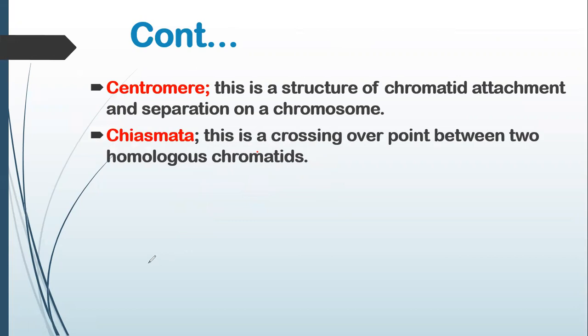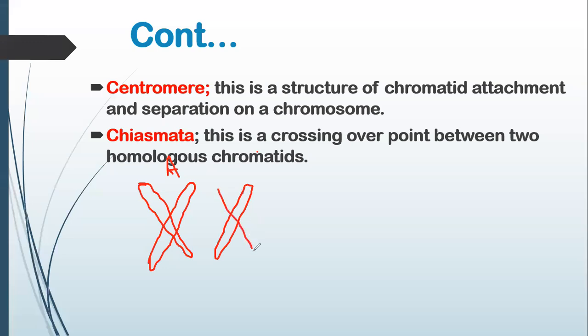Now the chiasmata is, if I have, like I told you, my two homologous chromosomes, that's chromosome A. This is my chromosome A, and my other chromosome, another chromosome A. Now these two chromosomes, they are the same.